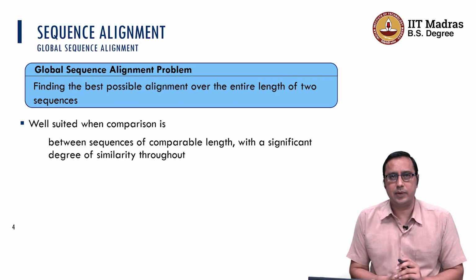Typically, the global sequence alignment problem is formulated between sequences of comparable length with a significant degree of similarity throughout the sequences.